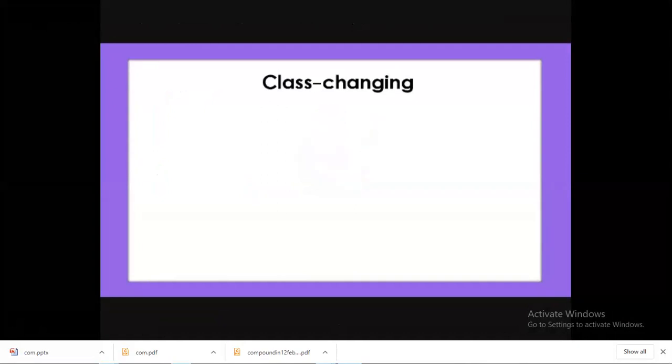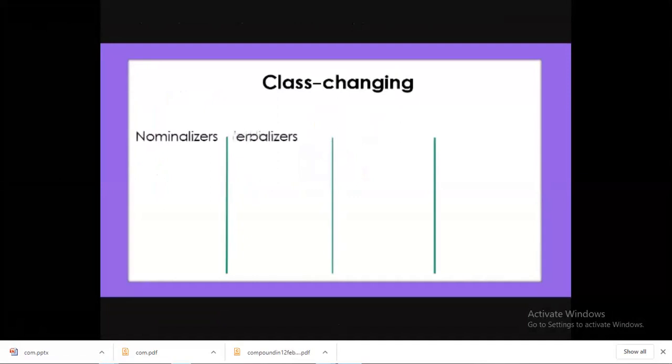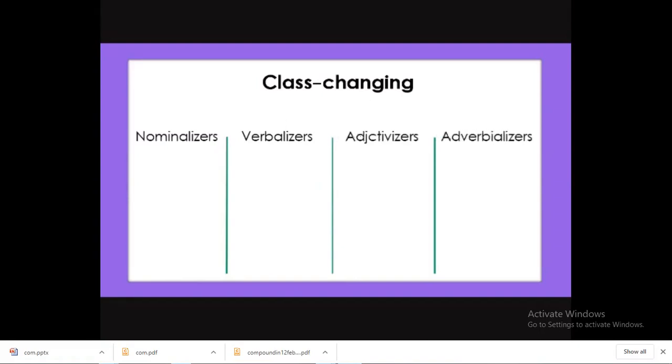Let me explain it better for you. With only adding a class-changing affix to a word, you can nominalize it, which means turning it into a noun, verbalize it, which means turning it into a verb, adjectivize it, which means turning it into an adjective, and adverbialize it, which means ding ding ding, turning it into an adverb.